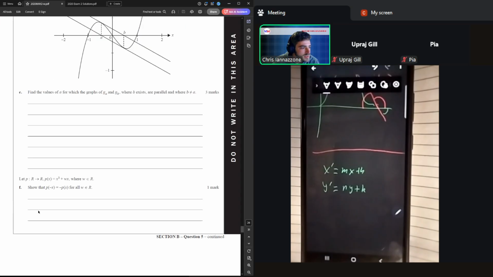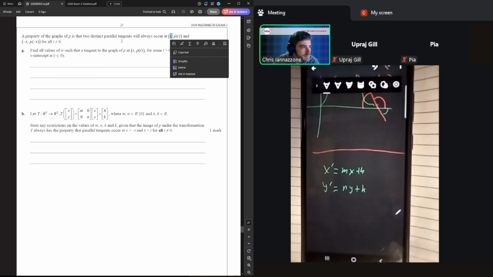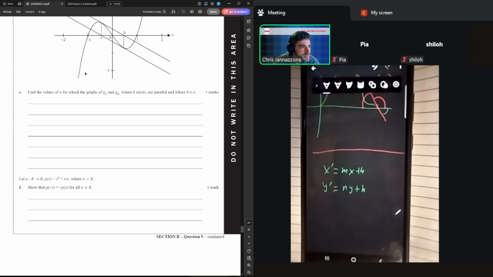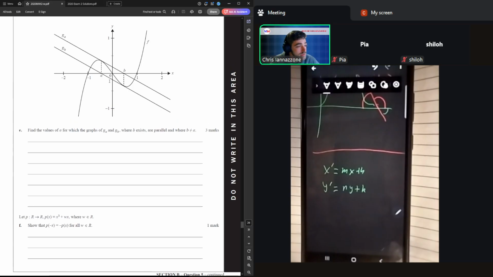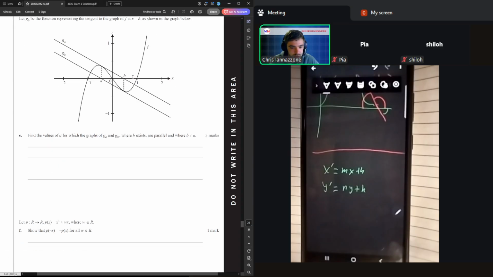The very first time this came up was to show that an odd function. This is also describing an odd function. You've got p of t, negative p of negative t. Basically, anywhere on the graph that you could choose some a value, the equidistant b value on the other side is going to have a parallel tangent. Take it here and here, parallel. If you take it at -1, +1, still parallel. -2, +2, still parallel.